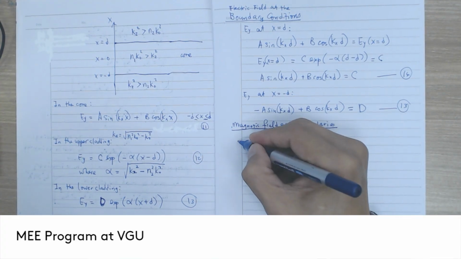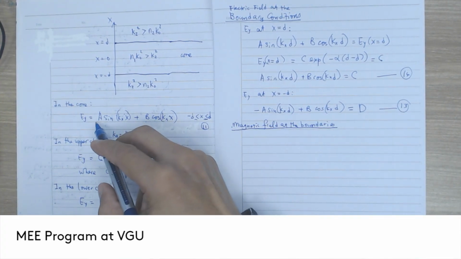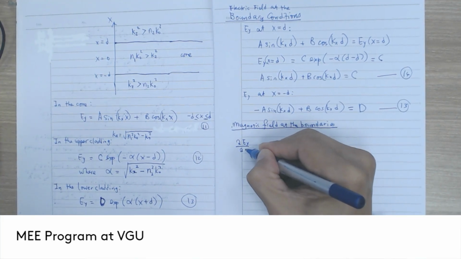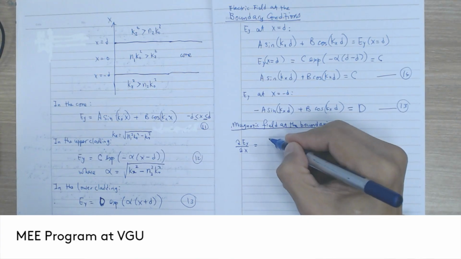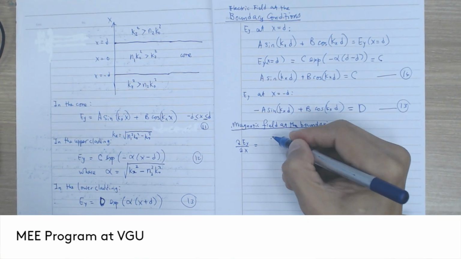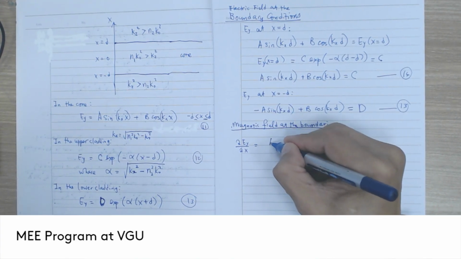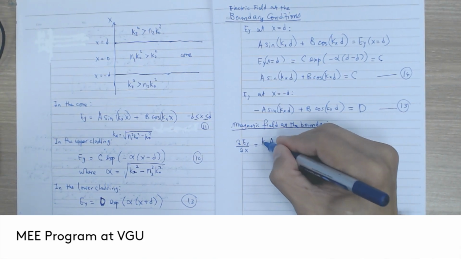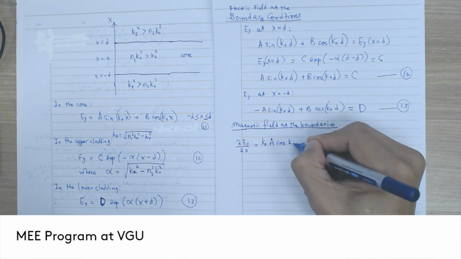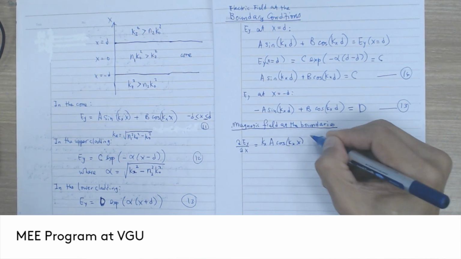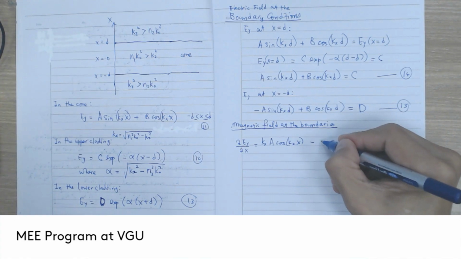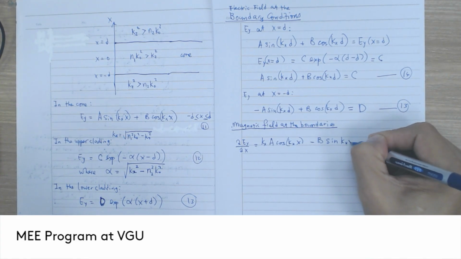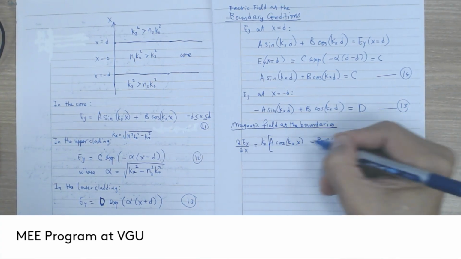We differentiate this against x. So we get a cosine kx x, and then this one is minus b sine kx x.